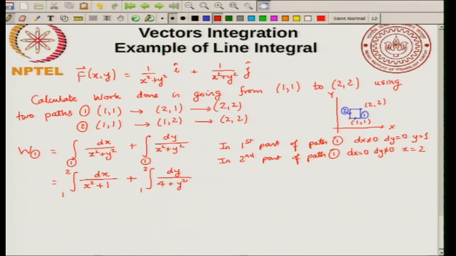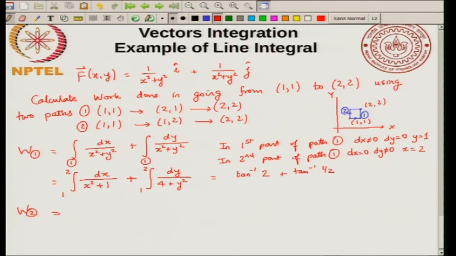Both these integrals are related to tan inverse. So, this is equal to tan inverse. In this case it will be tan inverse of 2, in the second case it will be tan inverse of half. The sum of these two is this. Now, in the second path you will get again very similar things.